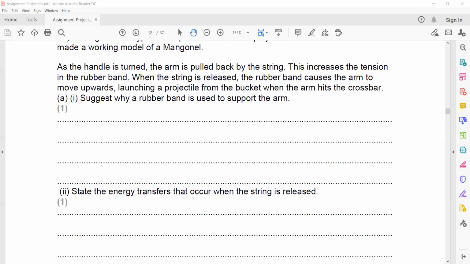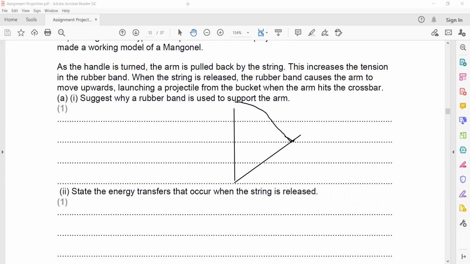First, when we stretch the rubber band, it will store energy. And when we release, it will transfer energy. For example, look, this is a model, the mangonel. First it is pulled back. When it is pulled back, it will stretch the rubber band.